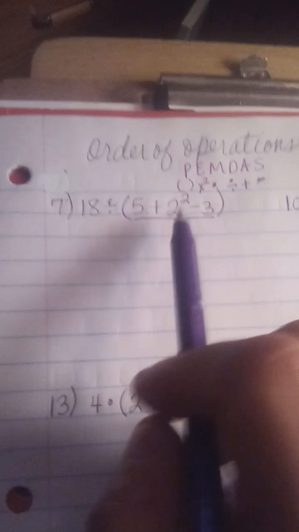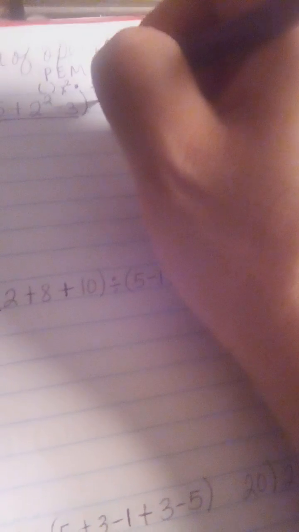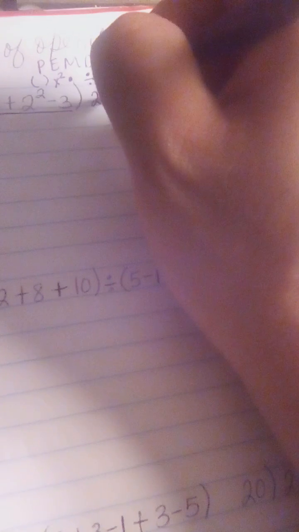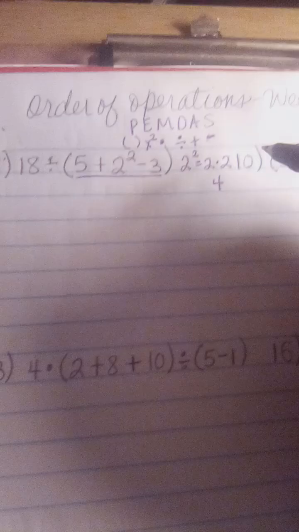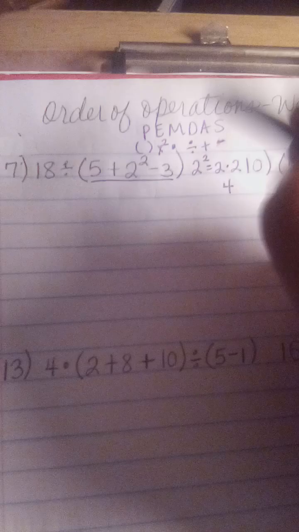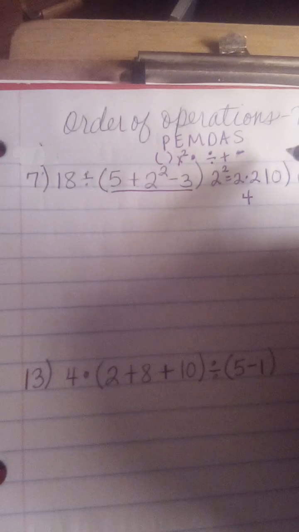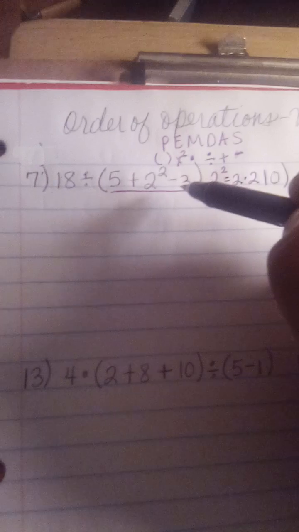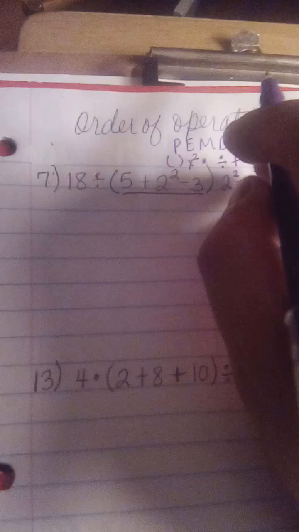Yes, we have 2 squared. What's 2 squared? It's 2 times 2. That gives us 4, right? Okay, we'll eliminate that. Any more on this part? No. Let's do the work.